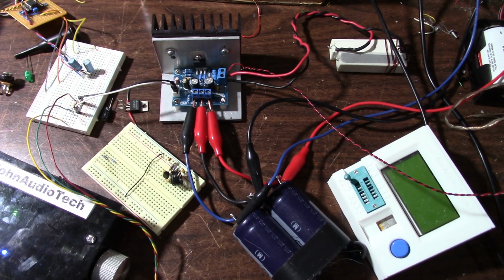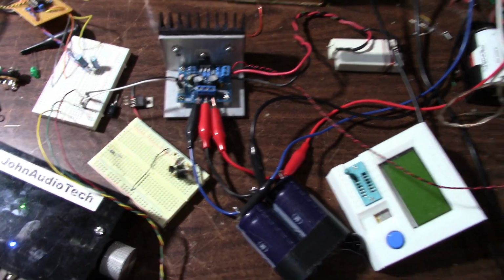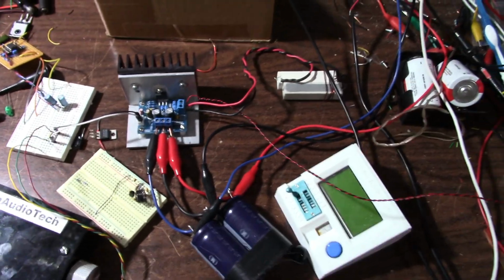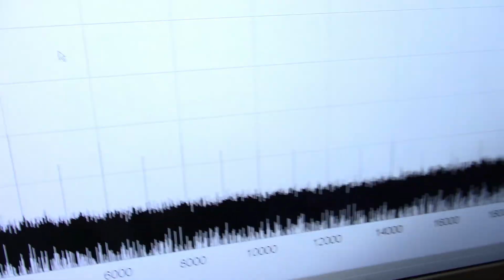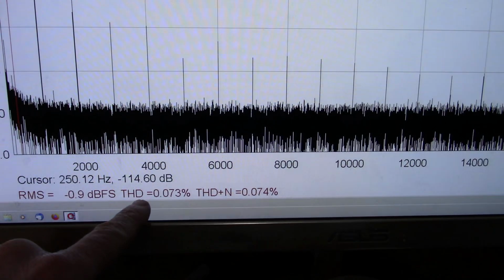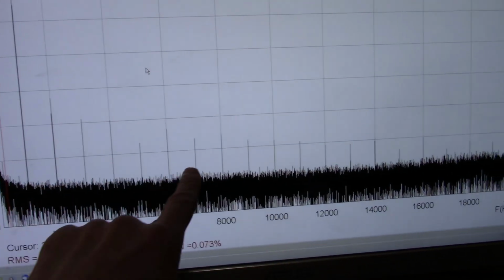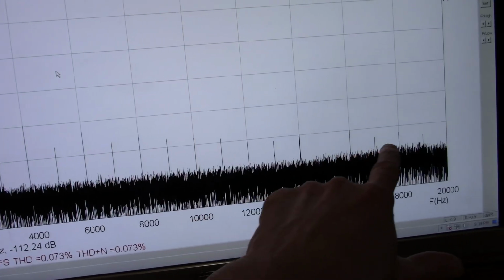Okay, we're testing the LM1875 at 4 ohms again. See what the difference is, if any. I don't expect really any difference. Yeah, not the same. It's fundamental, and these are all of the harmonic nodes.